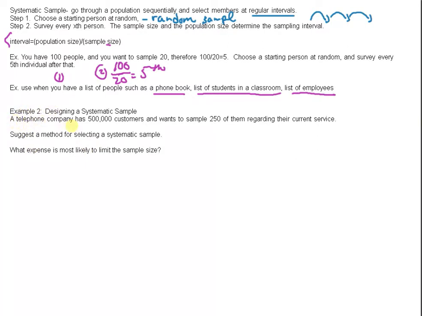So a telephone company has 500,000 customers and it wants to sample 250 of them. Okay, so we know in order to find the interval, we just divide those. Okay, so take 500,000 divided by 250, I get 2,000.